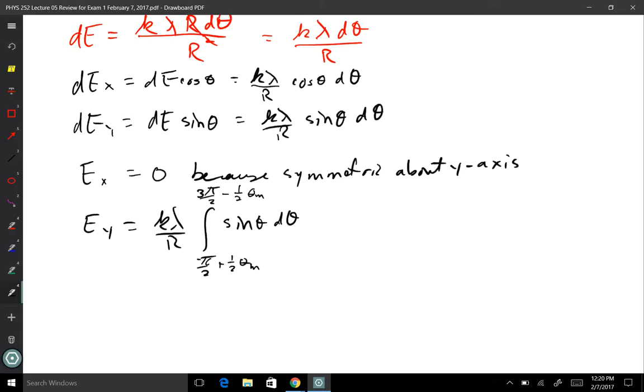Oh, hey, look at the time. So now we integrate. What's the integral of sine theta d theta?